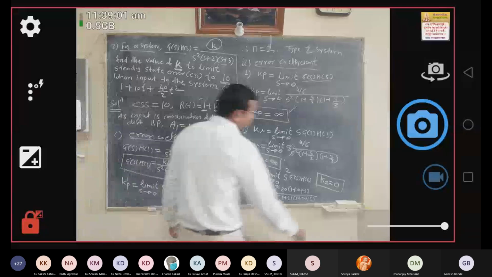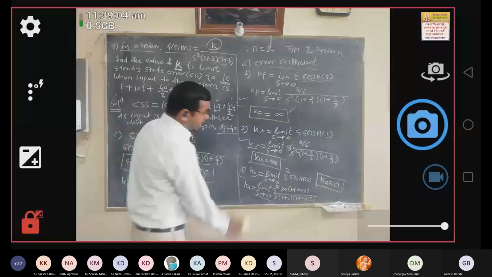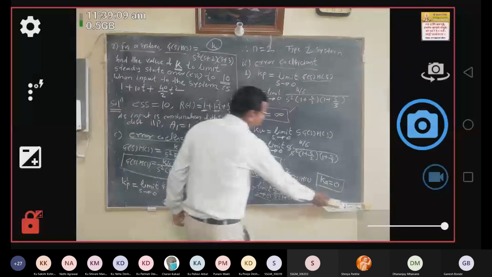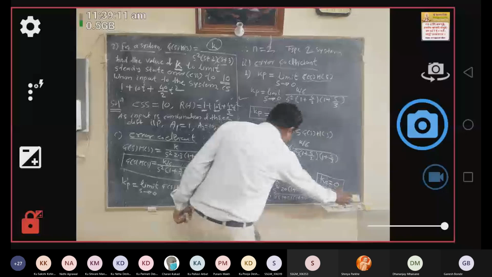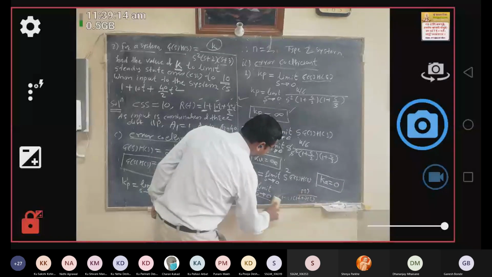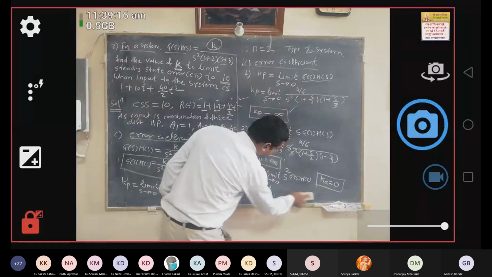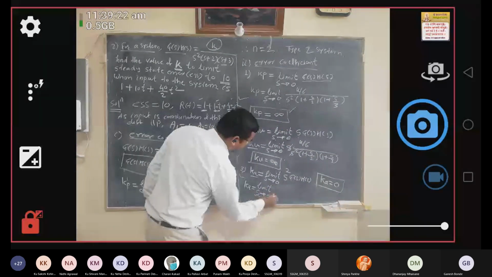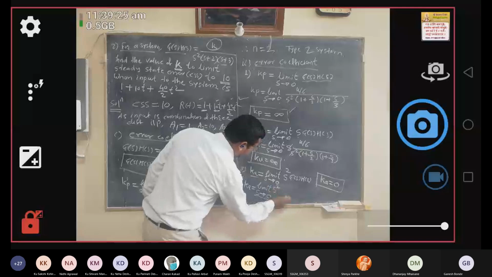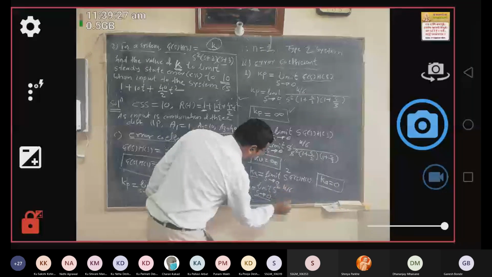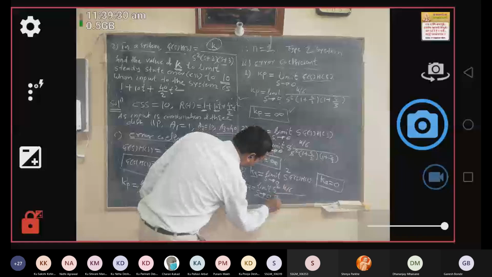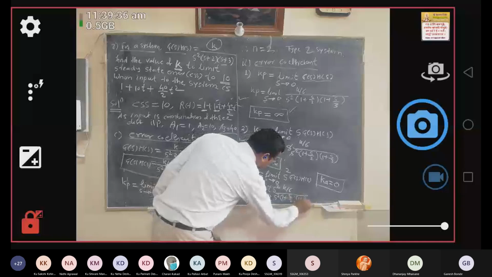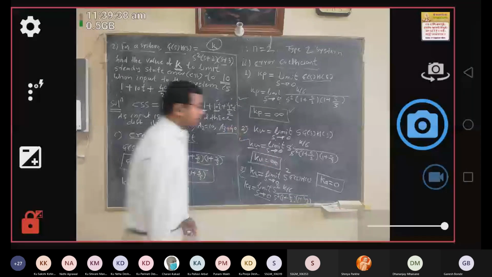Then find out the third, Ka, limit s tends to 0, s square G of s into H of s. Write down this formula. Then substitute the limit. So Ka equal to limit s tends to 0, s square G of s into H of s, it is K by 6 upon s square (1 plus s by 2)(1 plus s by 3).